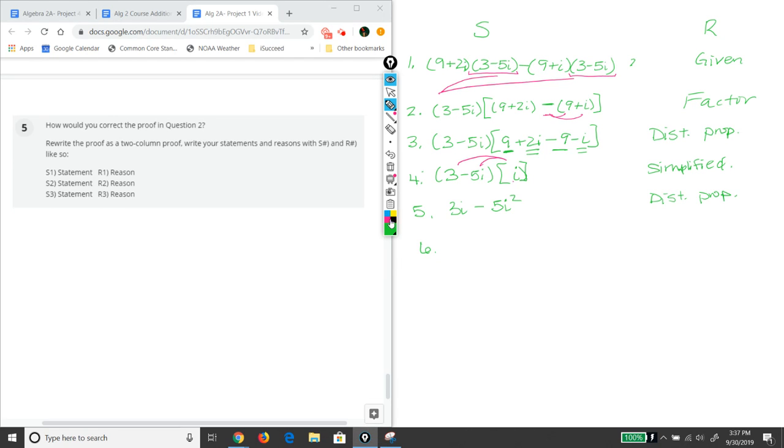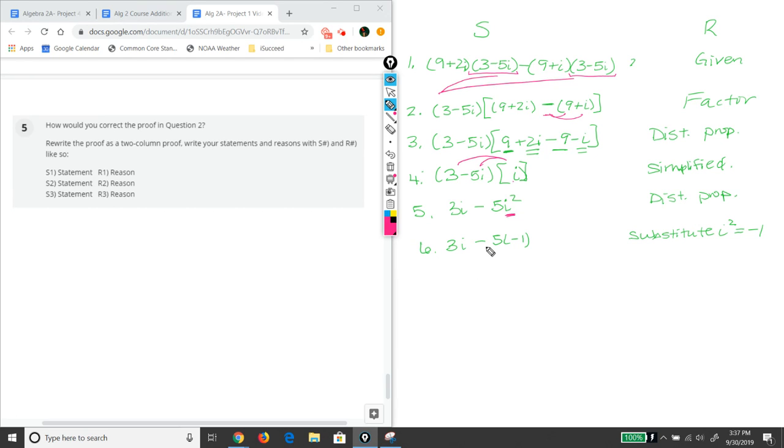Number 6, I am recognizing that there's an i squared. So remember, we committed to memory something about i squared. It is really a -1. So what did we do to get that -1? Our reasoning is that we substituted i squared equaling -1.